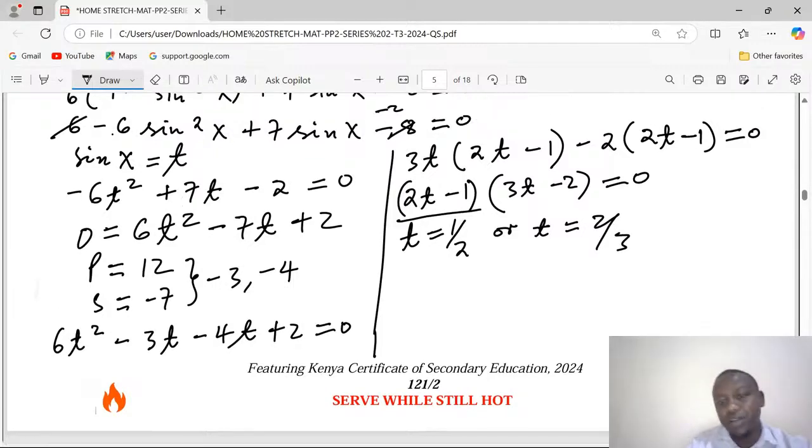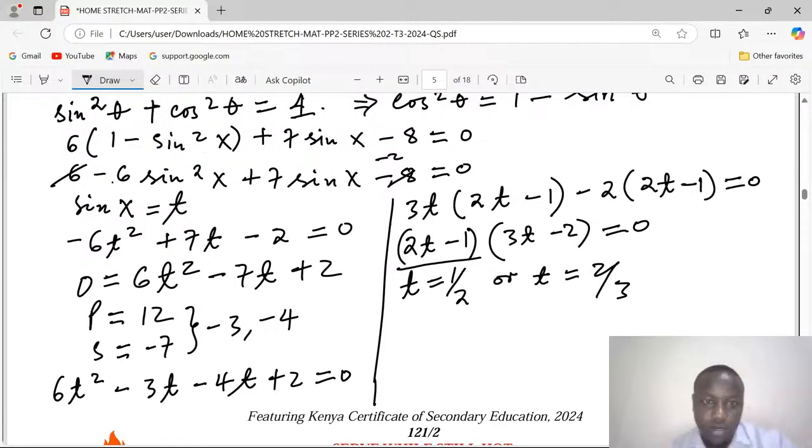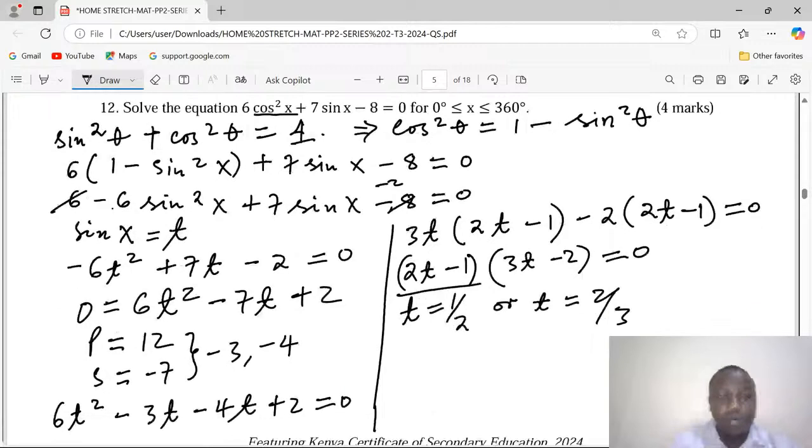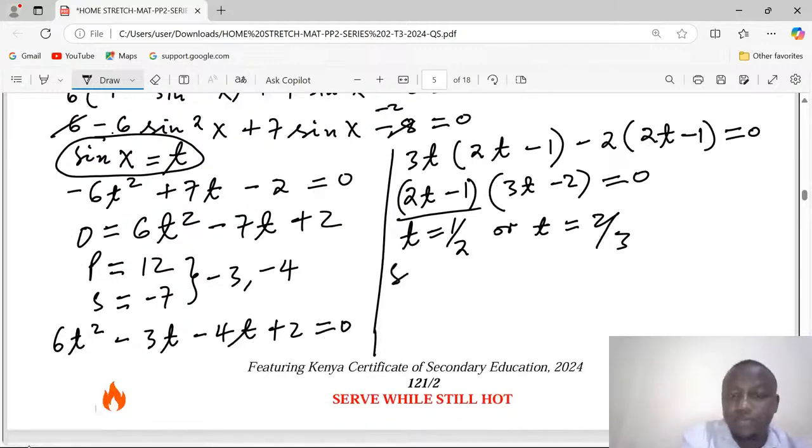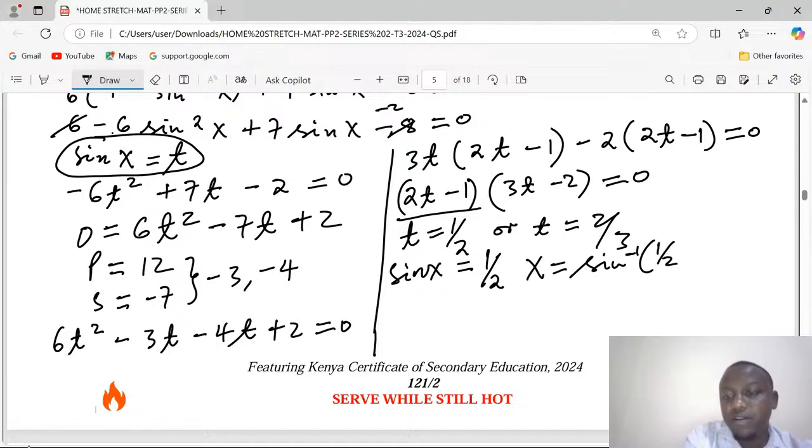So from these two, whatever had been let to be t is the sine of x. So if sine x equals t, sine x equals half, then x shall be the sine inverse of half, whereby x becomes 30 degrees.